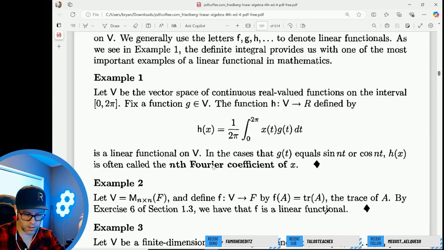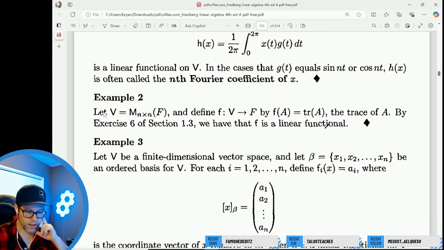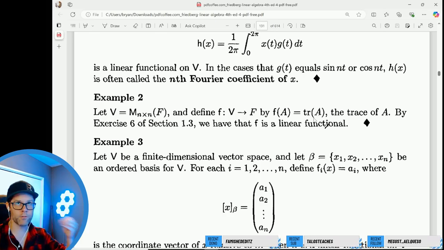And sometimes these have really, really nice applications. So for example, here they give an example of the Fourier coefficients of x. Here's another example. For an n by n matrix, if we define a function that takes the matrix to its trace, this is a linear functional because the trace can be broken apart by addition, and we can factor out the constant term from the trace as well.